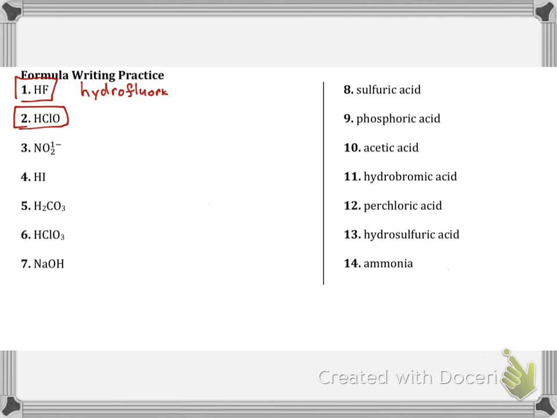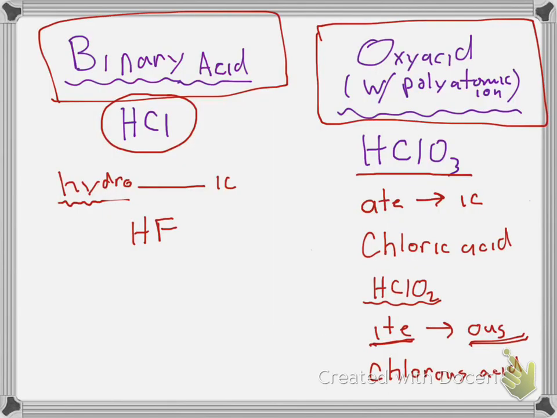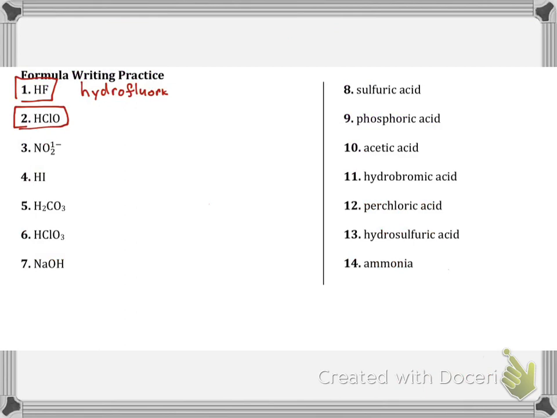ClO is hypochlorite. And so instead of hypochlorite, if you look at our rules here, the ites become ous, so it becomes hypochlorous. We can't forget the word acid as well. So hypochlorous acid, and that's hydrofluoric acid.